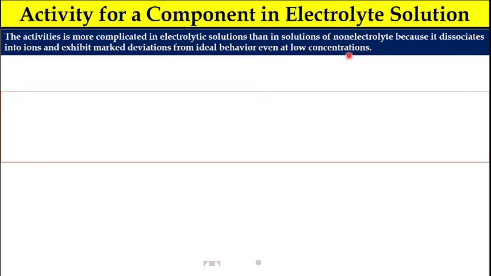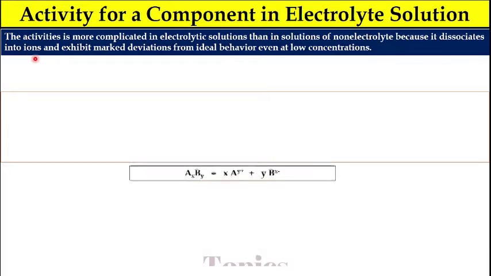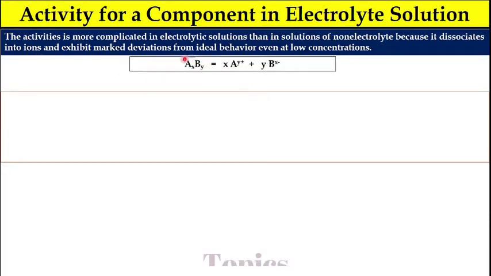That is the problem for an electrolyte because electrolyte dissociates into ions. Now consider an electrolyte like this, AxBy, that dissociates in solution like this: xA^y+ plus yB^x-. So A^y+ is the cation and B^x- is the anion. Number of cations is x, number of anions is y.